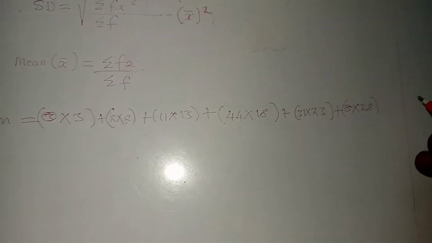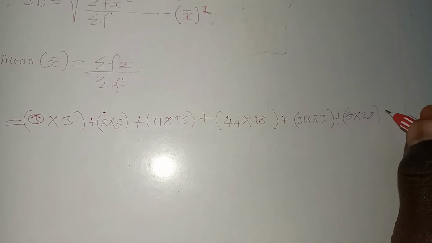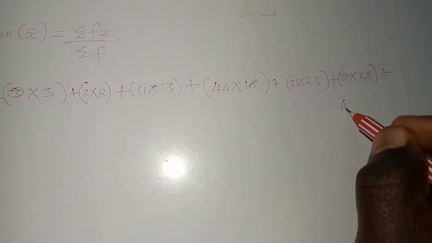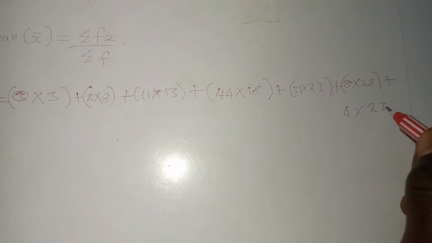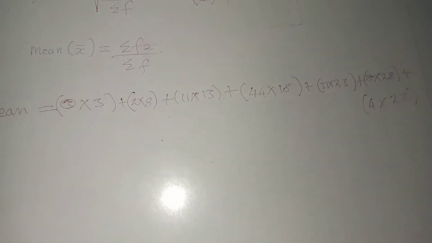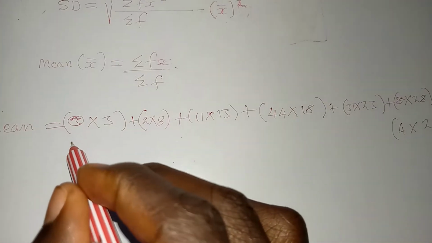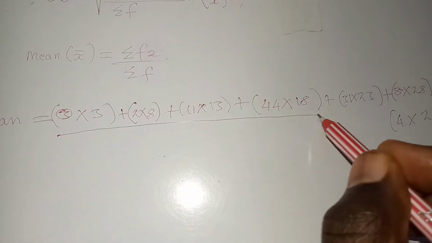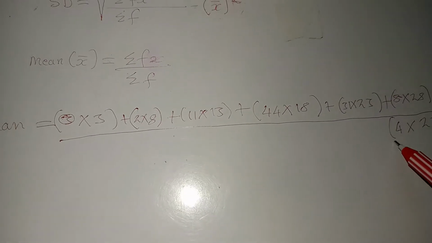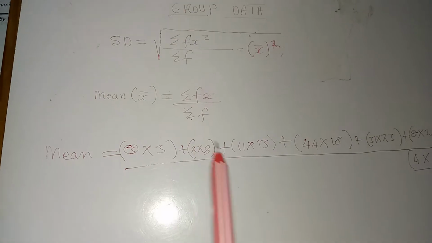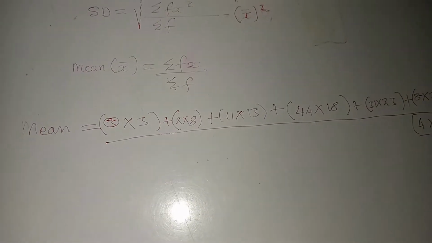The last one is plus 4 times 23 in brackets, like that. After you've done this, you divide everything by the total frequency, according to the formula there. Everything divided by the total frequency.